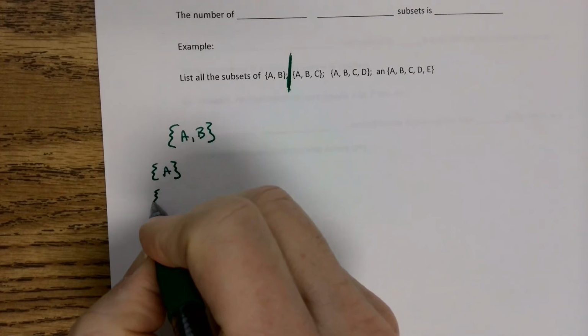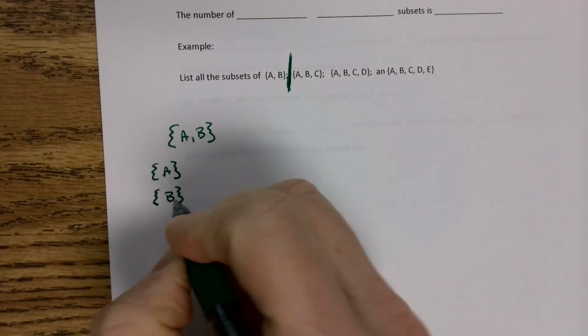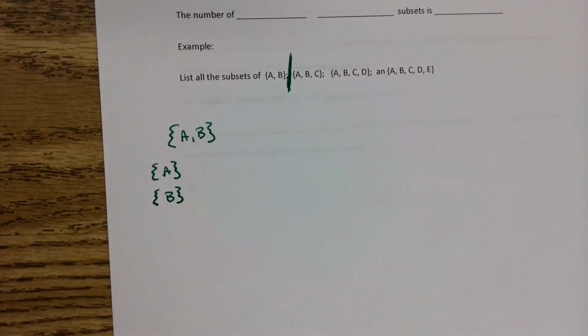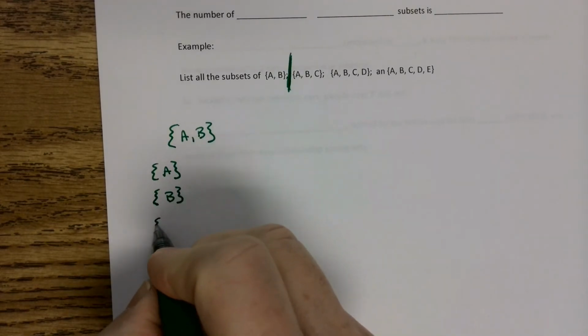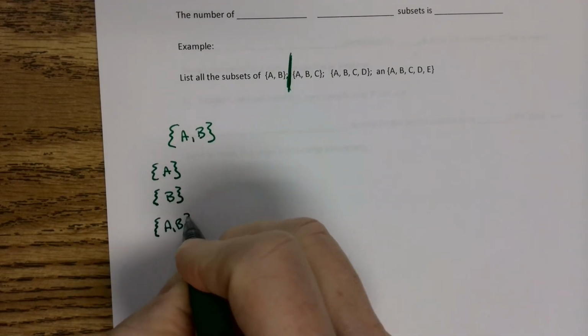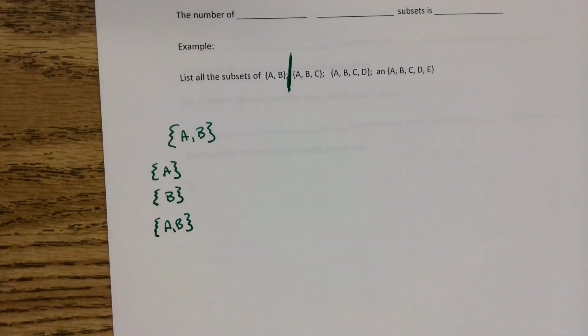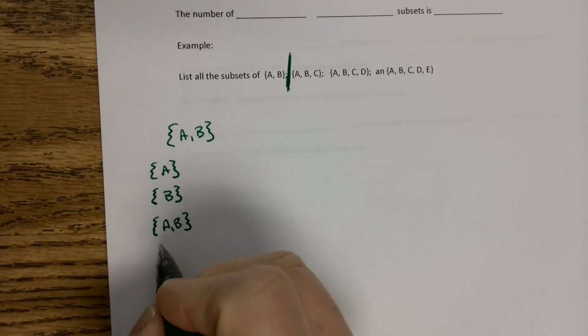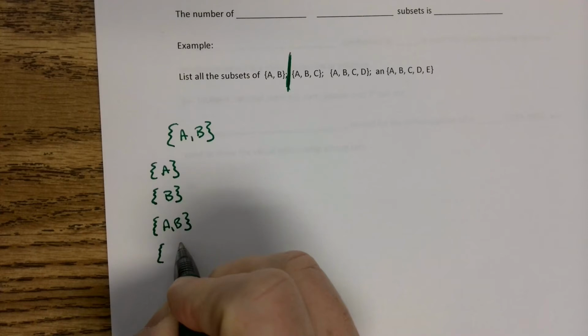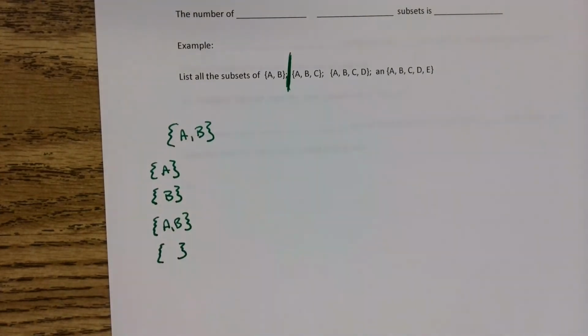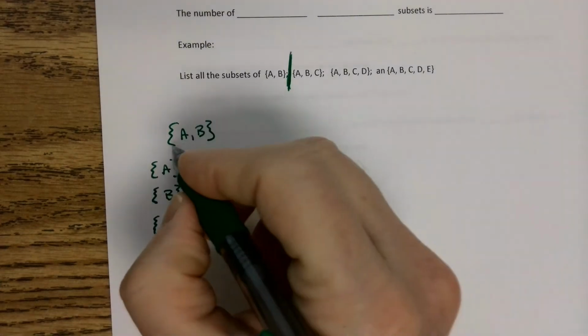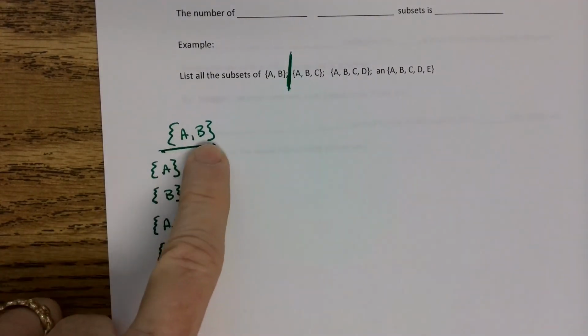And I heard B. And I heard A, comma B. And then there's one more subset, which is what? The empty set. Okay. So there's 4 of them. So the set AB has 4 subsets.